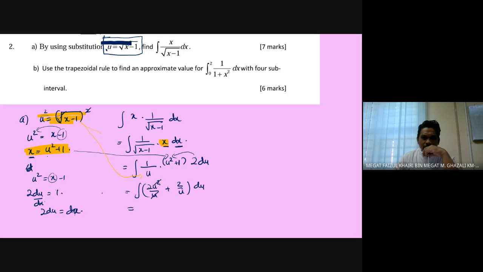So integral of 2u to u squared over 2, and then 2 natural log of u plus c. Do I miss something here?